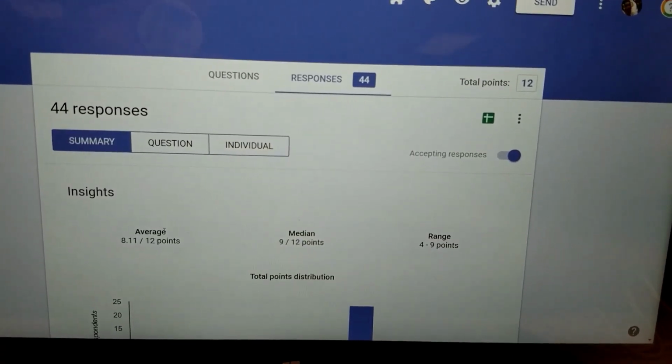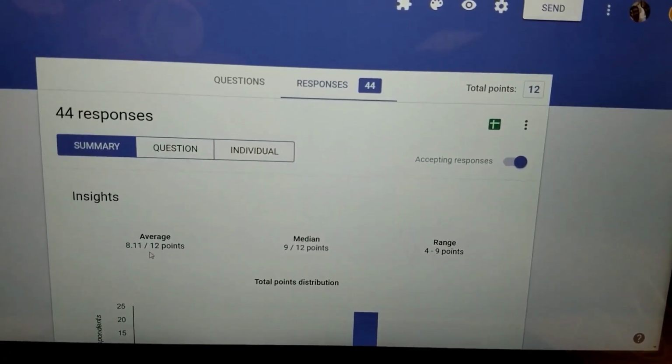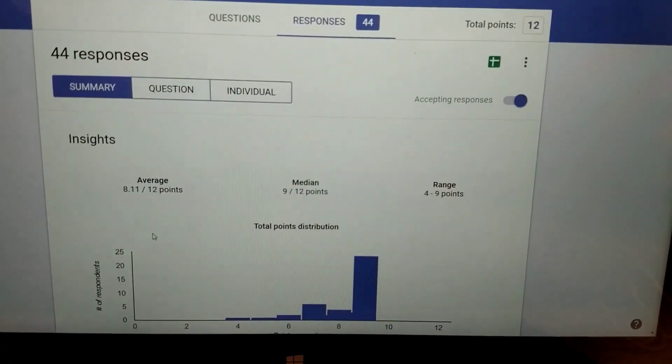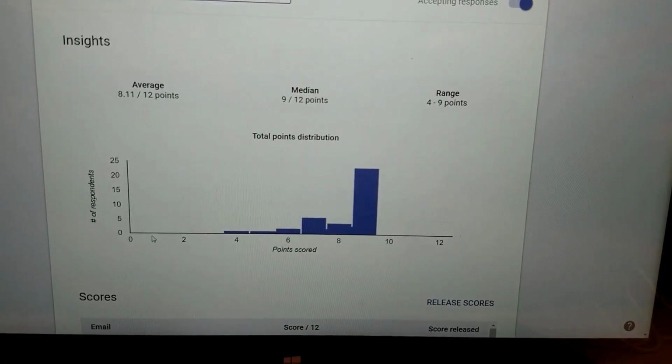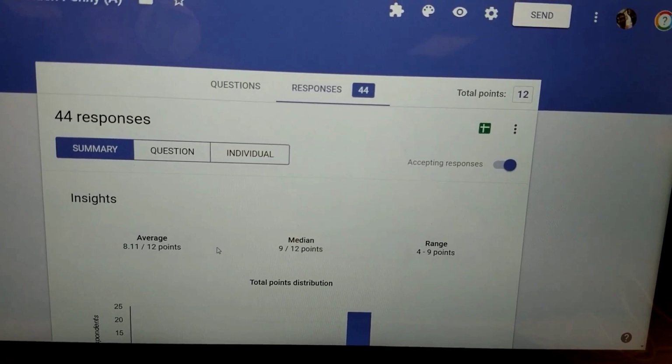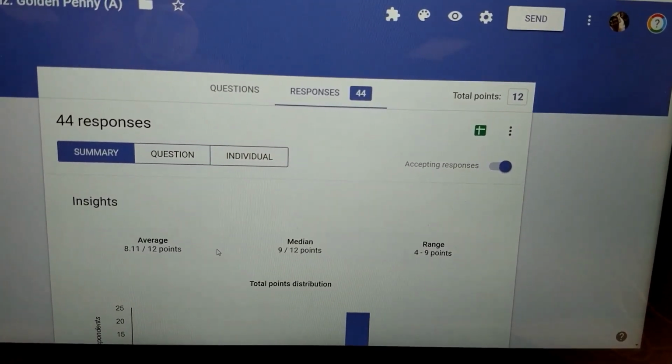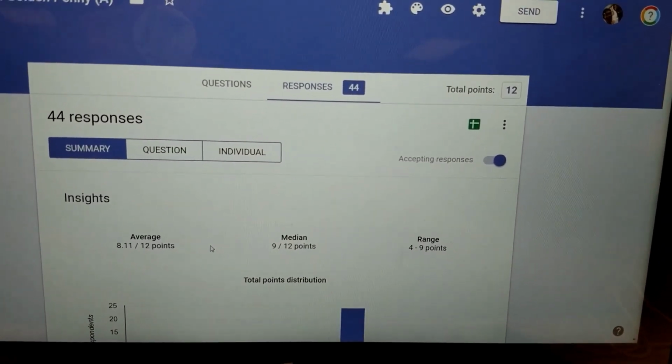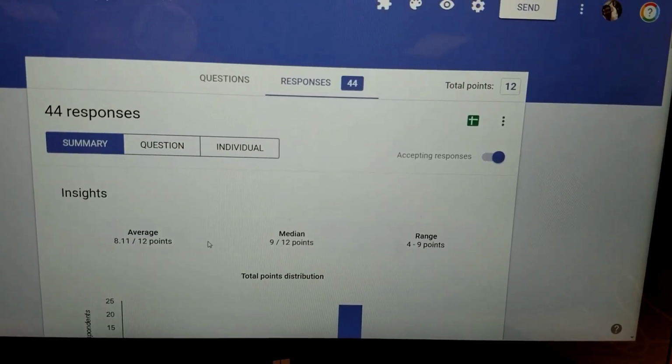I didn't finish grading one question. But I really like it because it allows you to release the scores, and it also tells you which problems the students are getting wrong, which is kind of nice.